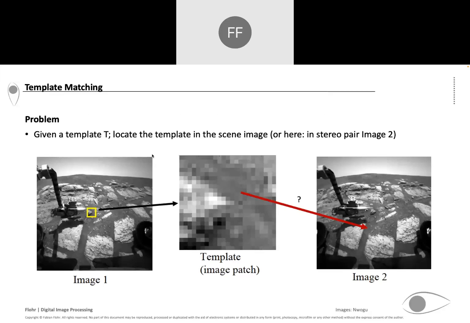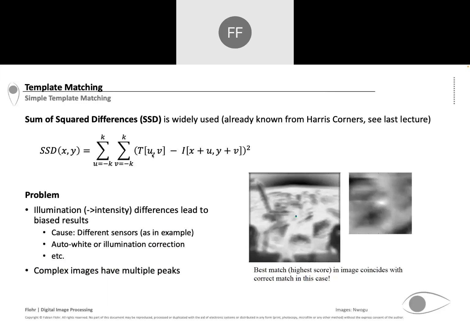Remember that we are interested in finding this guy in this image, right? Now applying this will give you this response here. Is that a good response or not? We try to find the bright spot, right? Because this is the lowest difference. So here bright means lower differences, right?